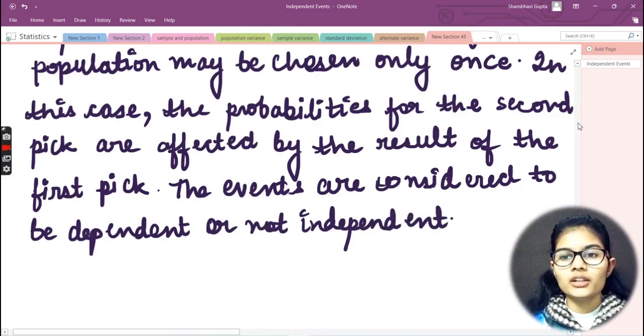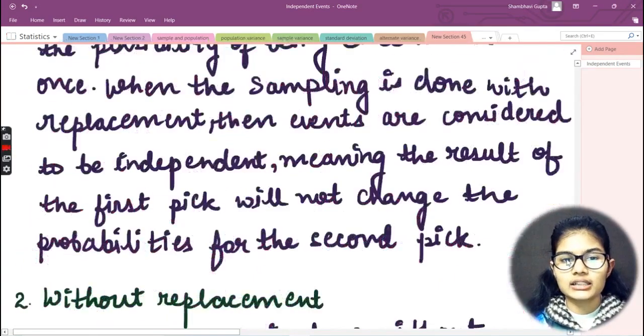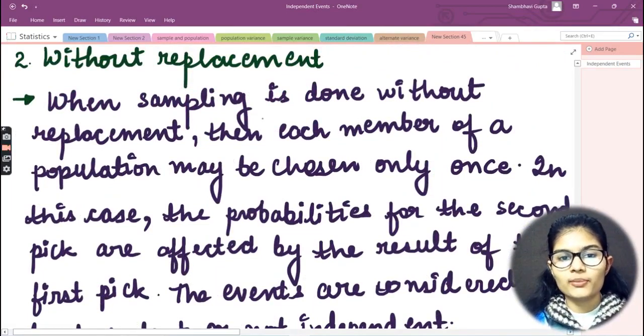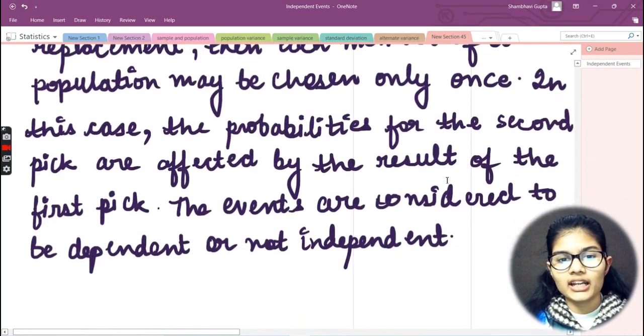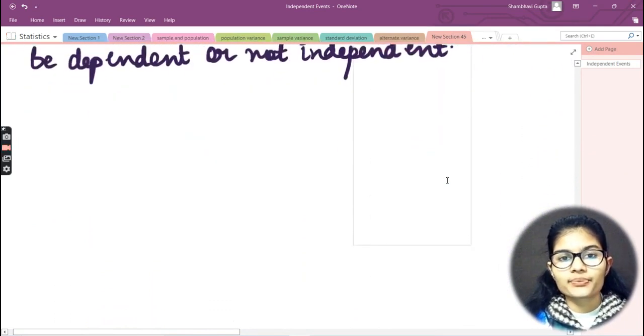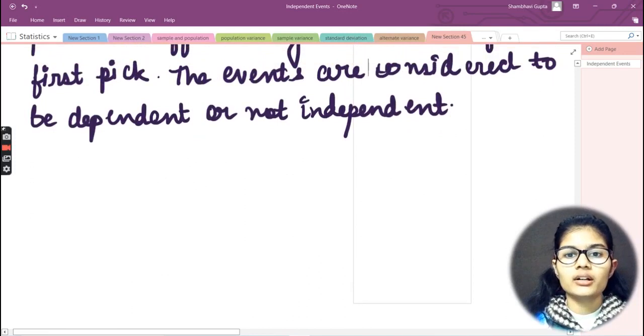So here what happens in the without replacement is that when sampling is done without replacement, then each member of the population may be chosen only once. Okay, so in this case, the probabilities for the second pick are affected by the result of the first pick. The events are as well considered to be dependent and not independent.